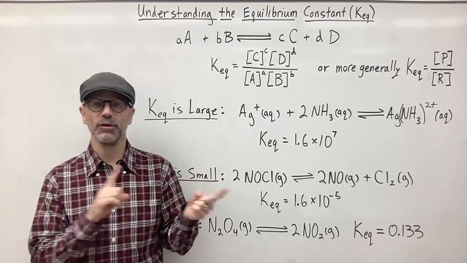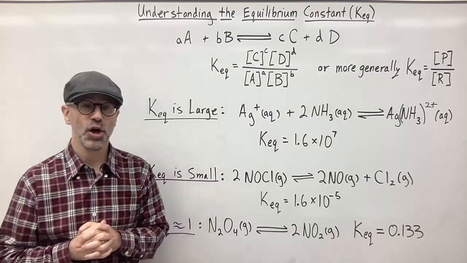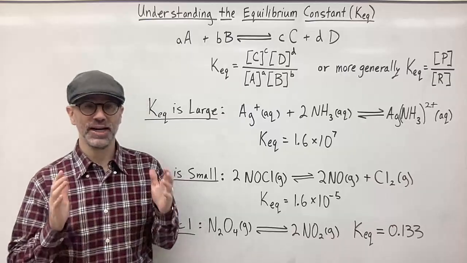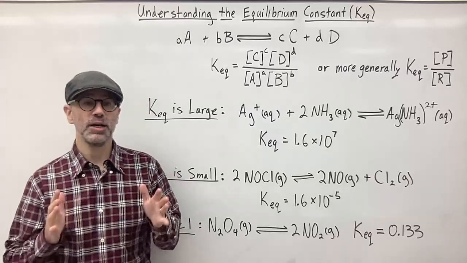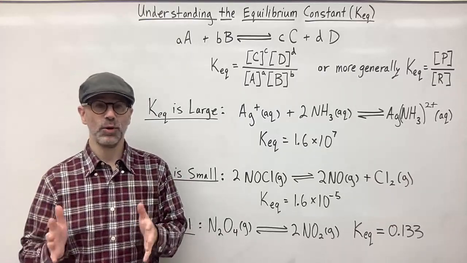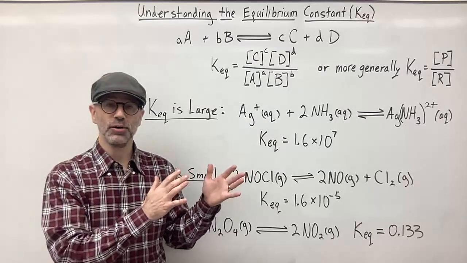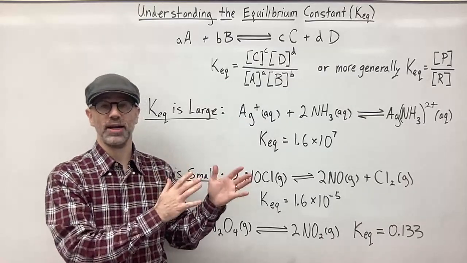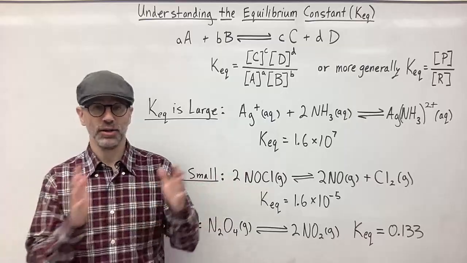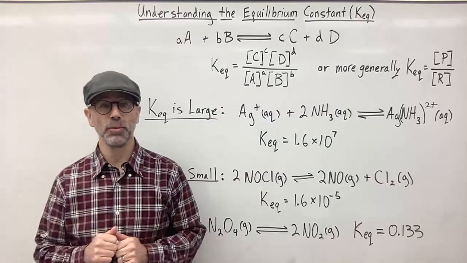So there's a back and forth going on there. When we talk about dynamic equilibrium, we're talking about the rate at which products are formed compared to the rate at which the reactants are reformed from the products.